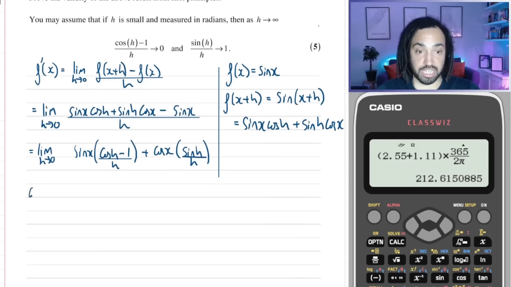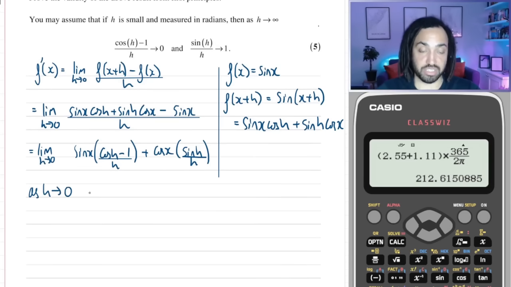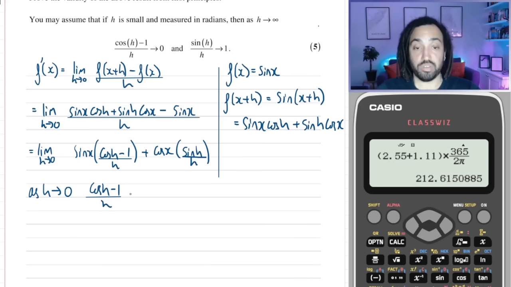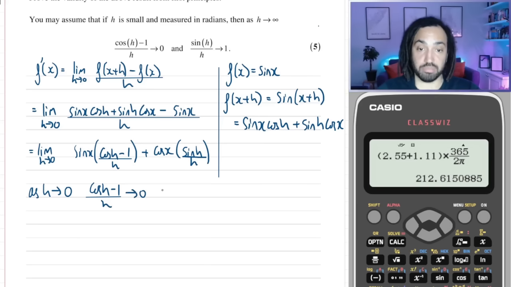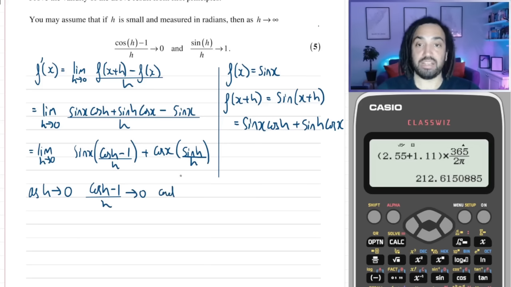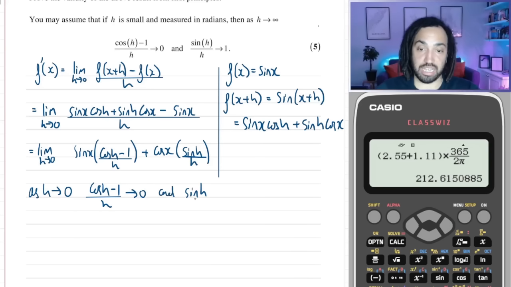Okay, and then we could say that as h tends to 0, we know that cos h minus 1 over h tends to 0, as we're told up here, and sine h over h tends to 1.